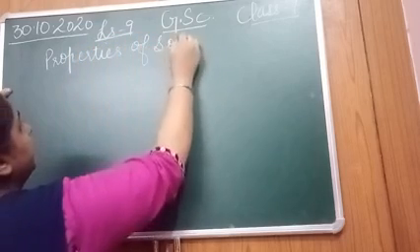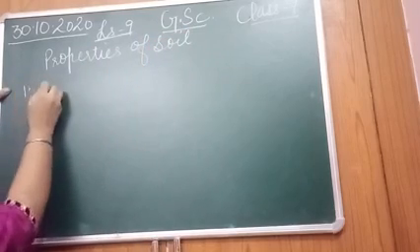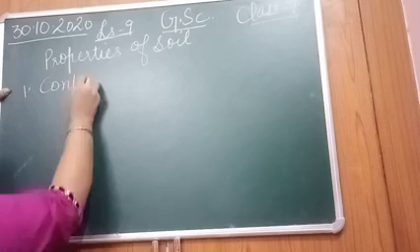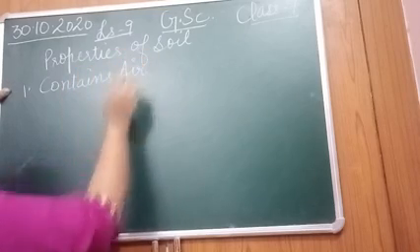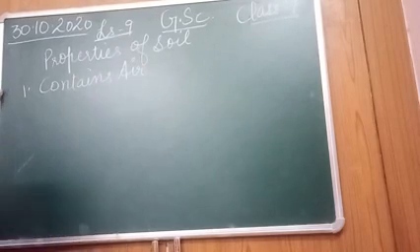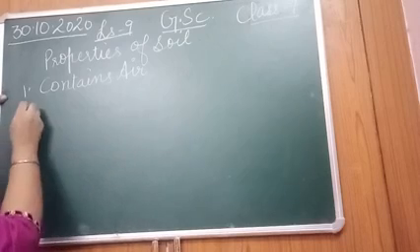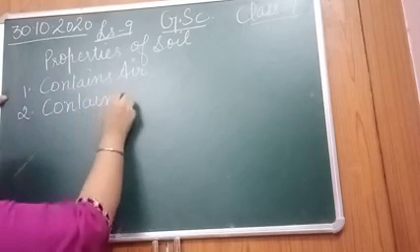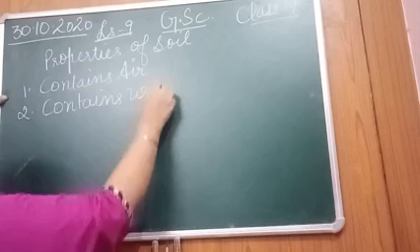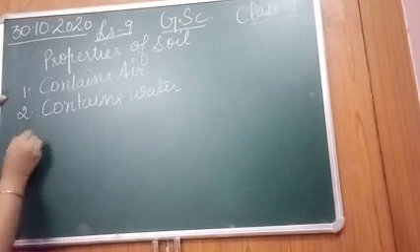So first property is soil contains air. These properties you have already done in previous classes also, I guess. Then it contains water, right?